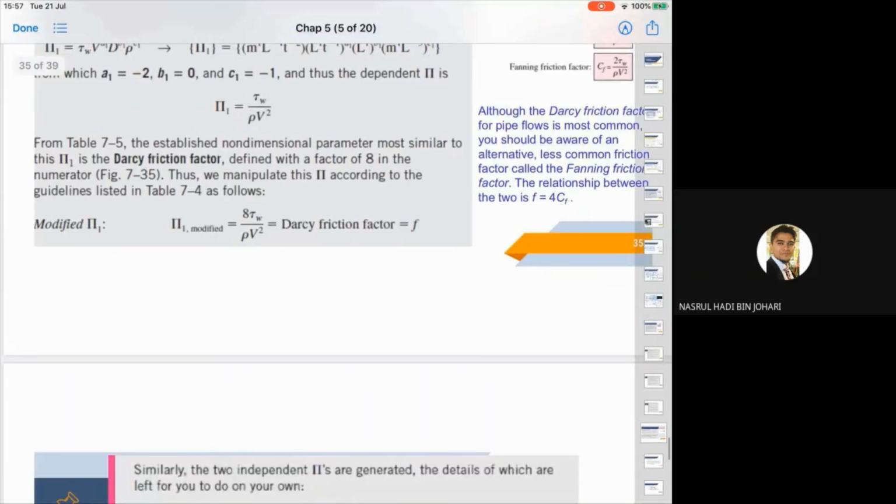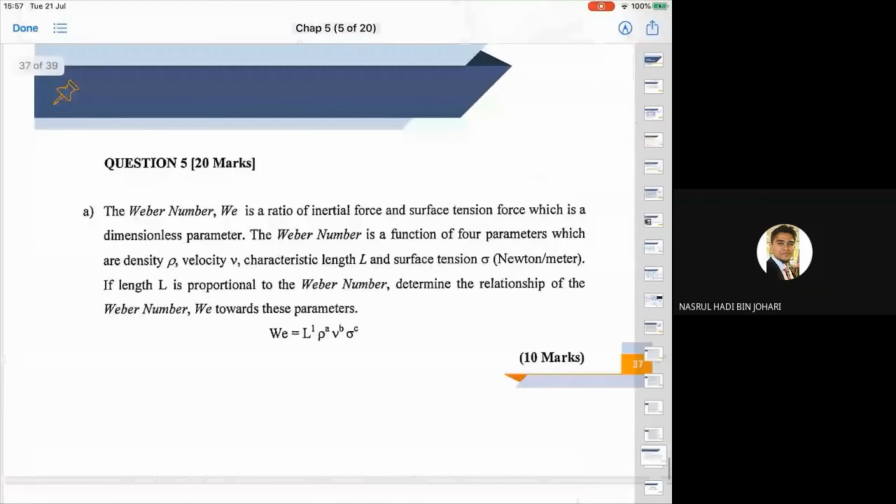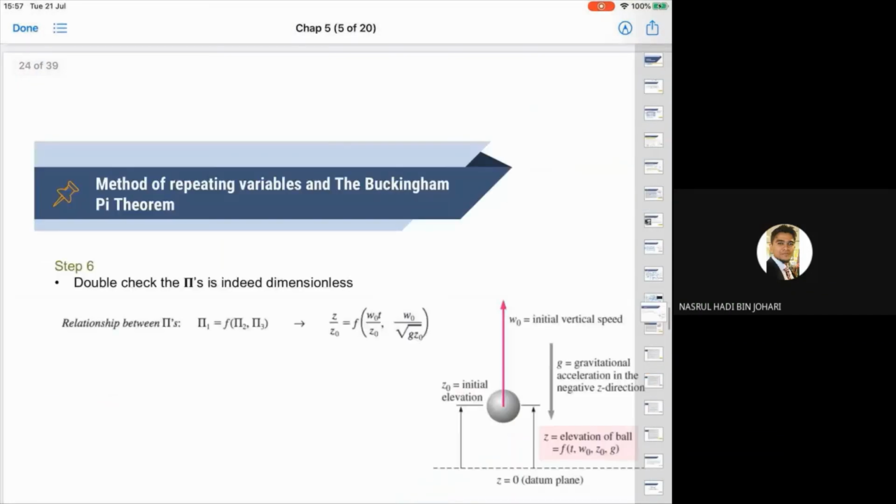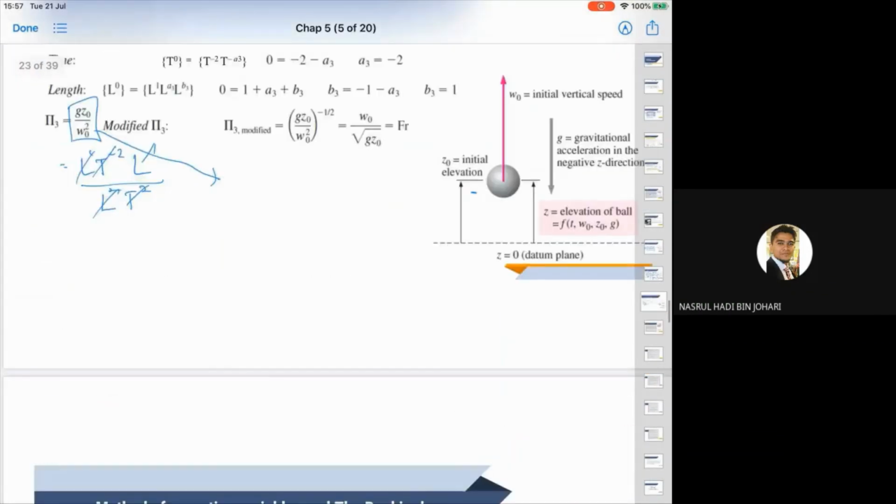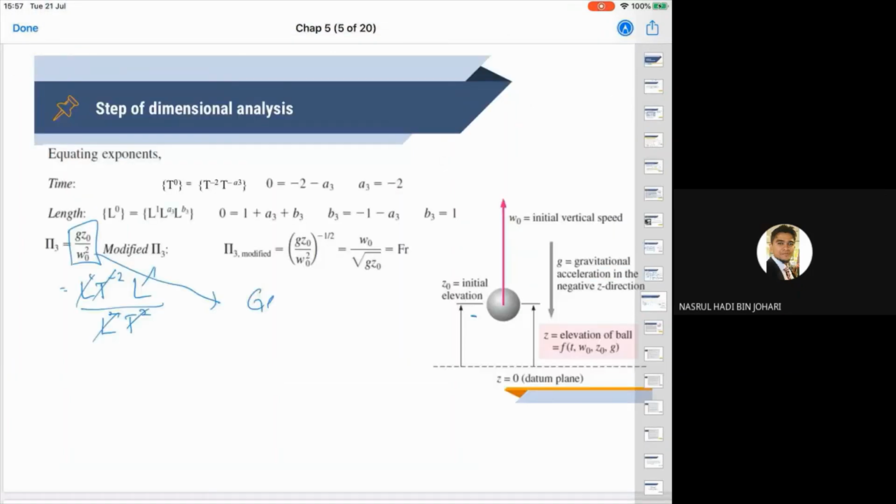No, I didn't insert it, but please refer to the textbook on the general dimensionless terms that are being used in fluid flow. So in this case, whenever you put power of minus half, minus 0.5, it will give you WO over square root GZ naught, which is equal to the Froude number.